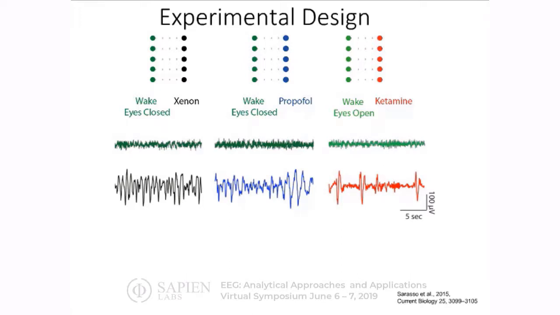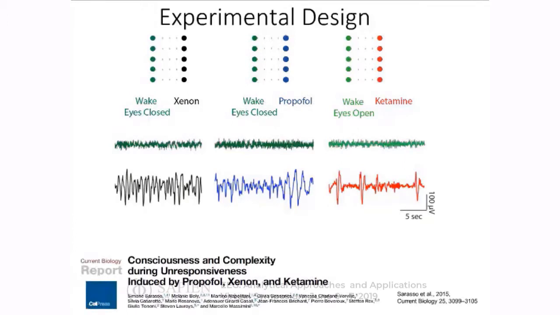This is how the typical EEG traces look. We see that xenon and propofol both yield a lot of high delta waves, and ketamine yields some sporadic delta waves with an increase in fast frequencies.